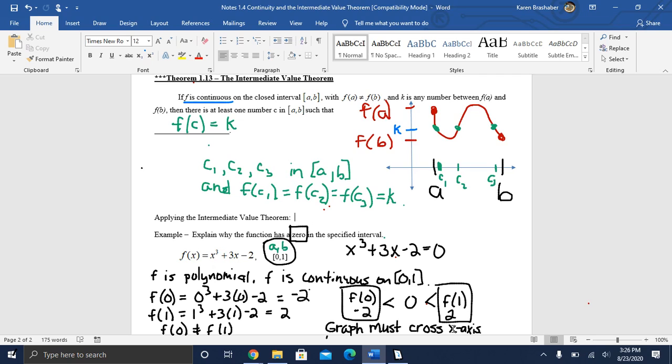The y values change from negative to positive. And that would be an application of the intermediate value theorem.